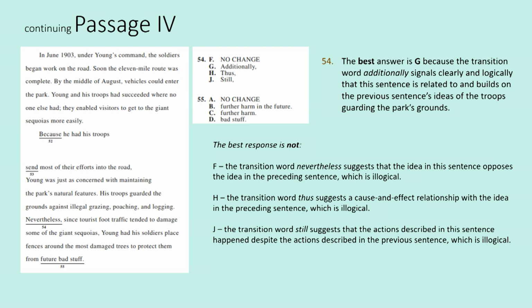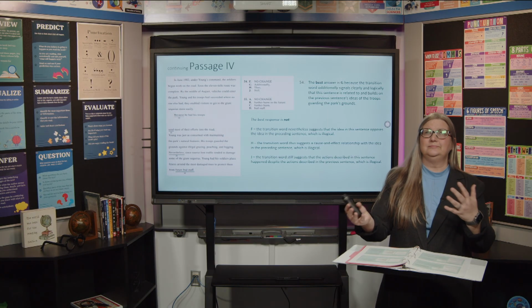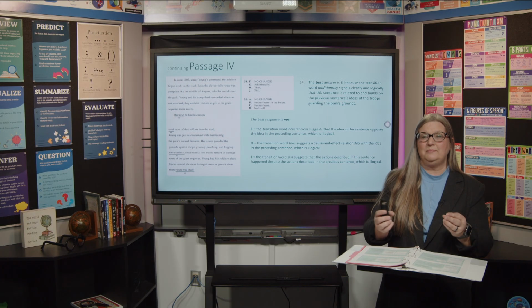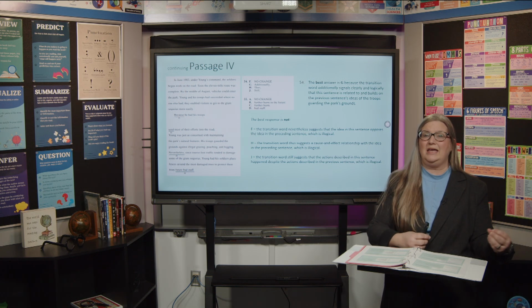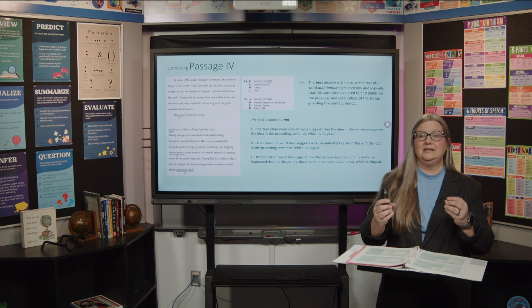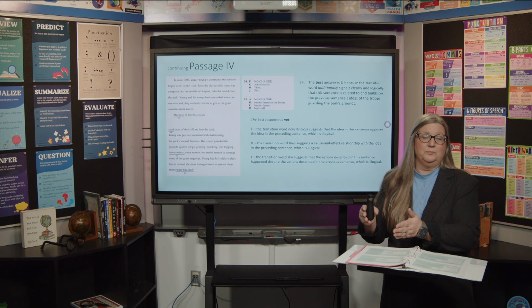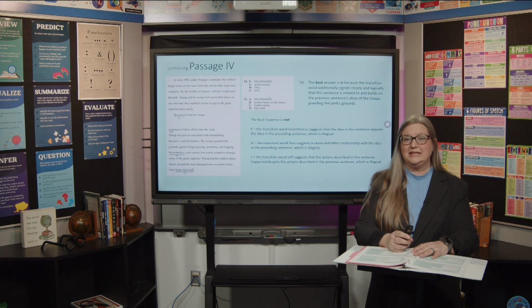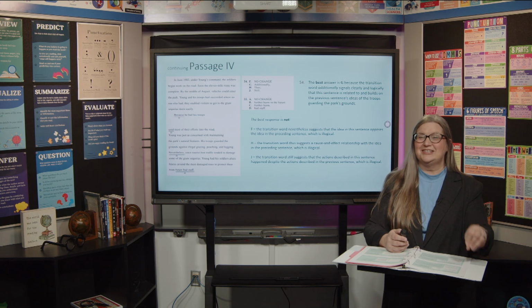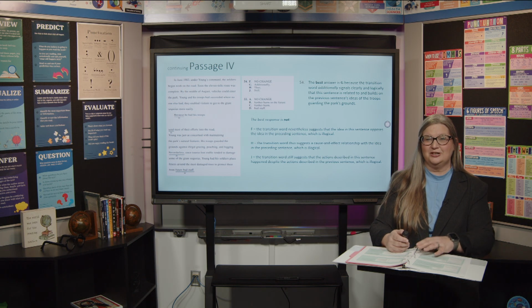Additionally is a transition word, and you're going to need to know what these transition words mean so that when you are connecting two sentences or you're adding information, or even some other words might be to take away. Although is one that might say, although this happened, this is the greater plan. So you need to know what those transition words mean, just like you need to understand what those conjunctions mean.